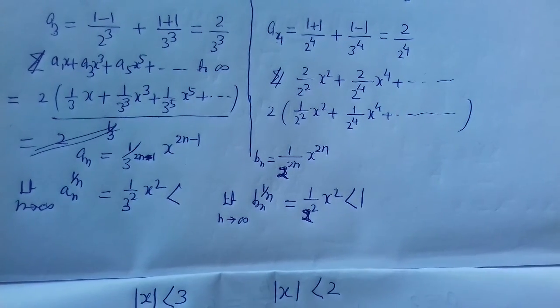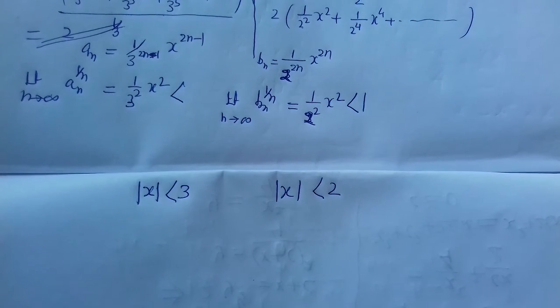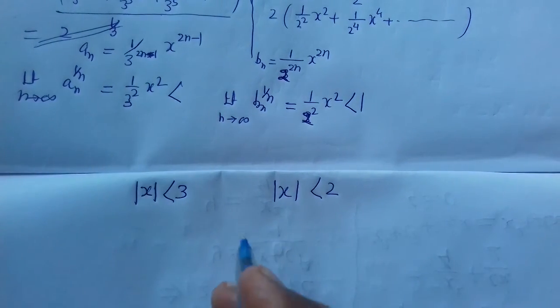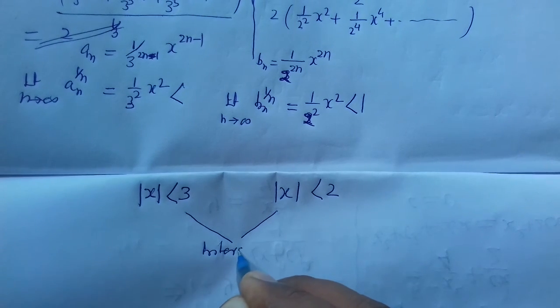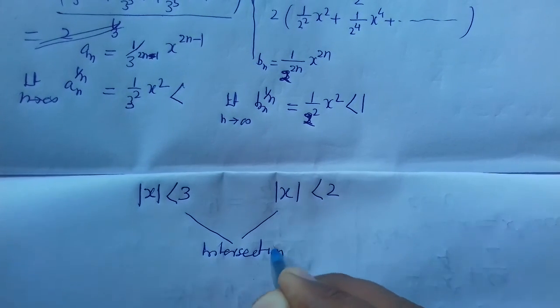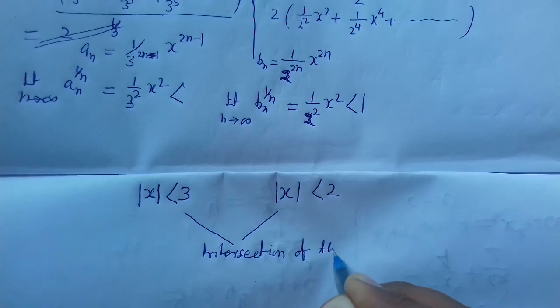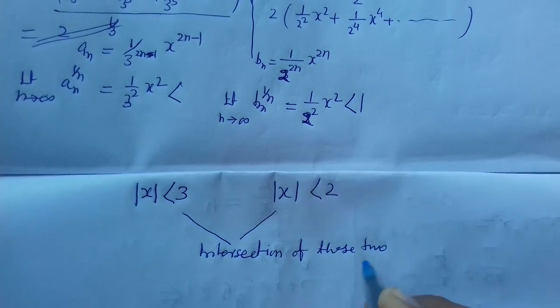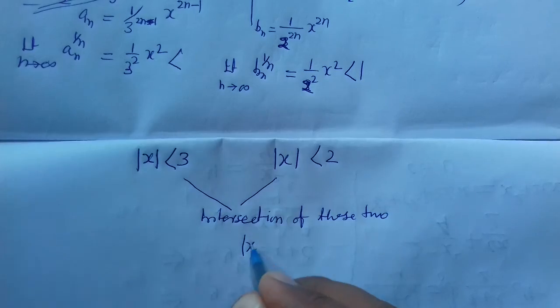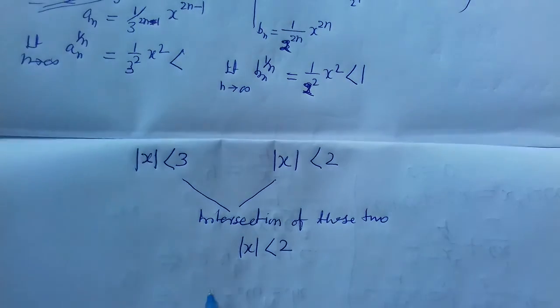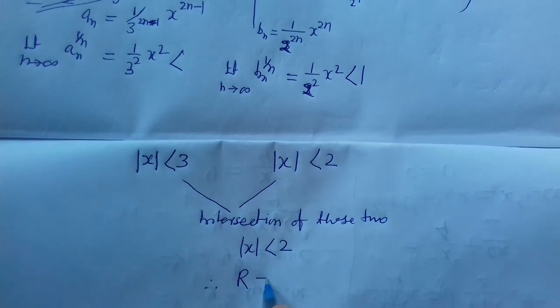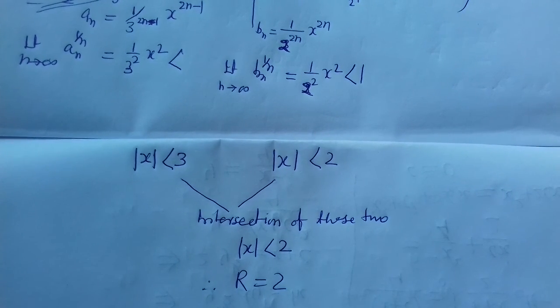So if we take the common interval in both, the intersection of these two will be mod x less than 2. So the radius of convergence R is 2. So 2 is the right answer.